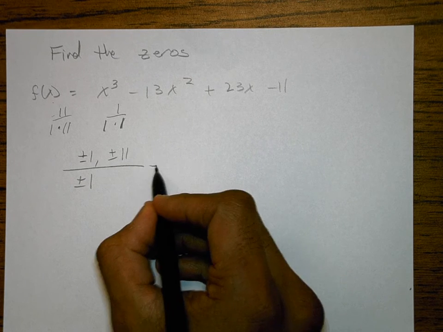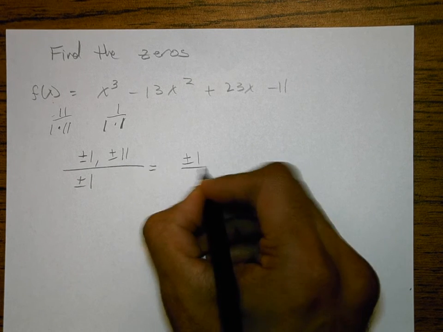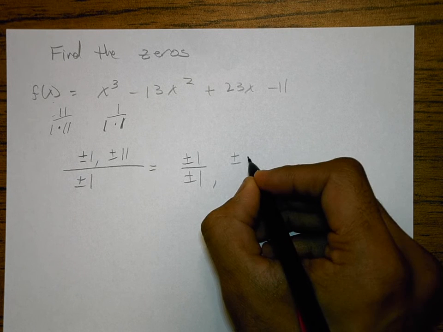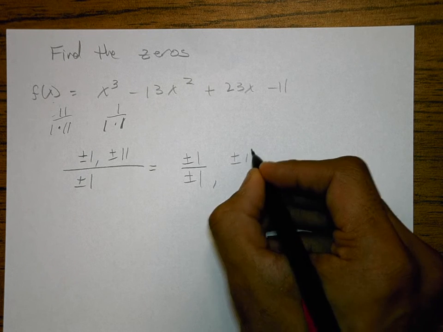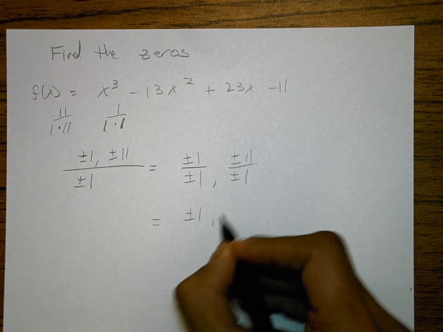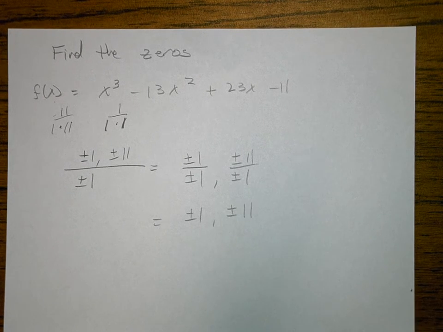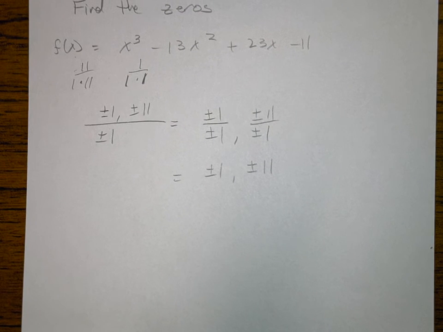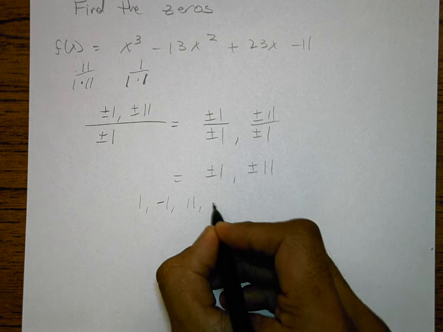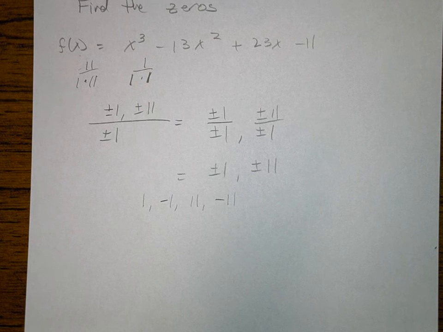So in terms of what are my possible roots, plus or minus 1 over 1, and then plus or minus 11 over plus or minus 1, and those reduce to just plus or minus 1, plus or minus 11. Okay. So how many different roots are there? They gave me 4: 1, negative 1, 11, and negative 11. Those are basically all the places where it could cross the x-axis.